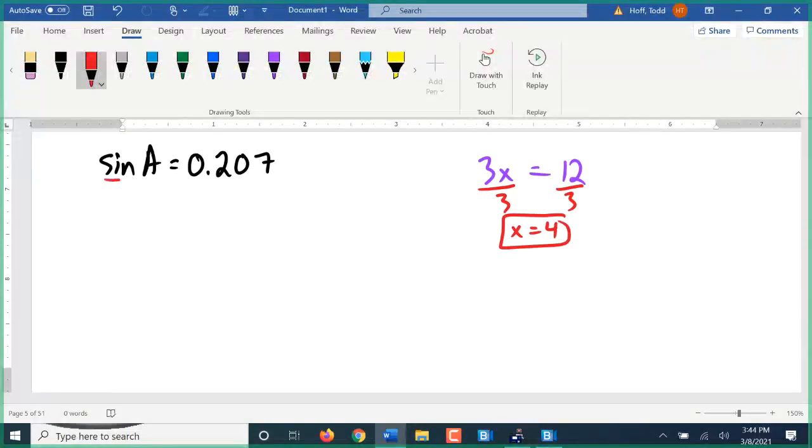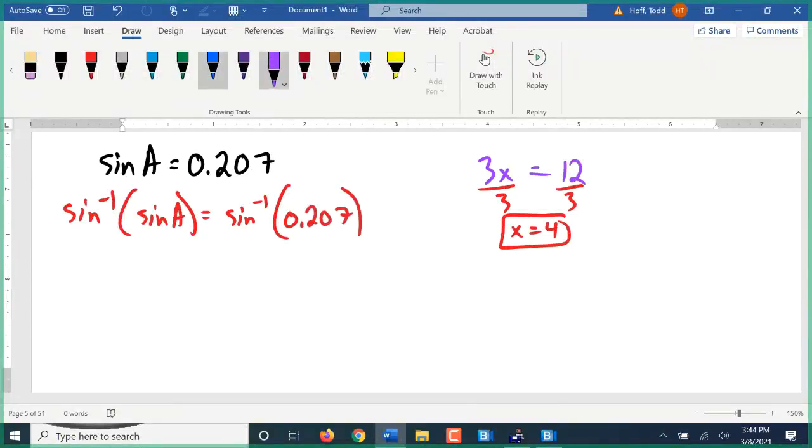Here, we've taken the sine of A. To get rid of the sine, we use the inverse sine. There are a few different ways of writing inverse sine. The notation I used is the modern notation, sine with a little -1 there.